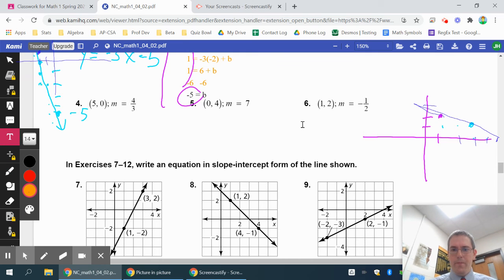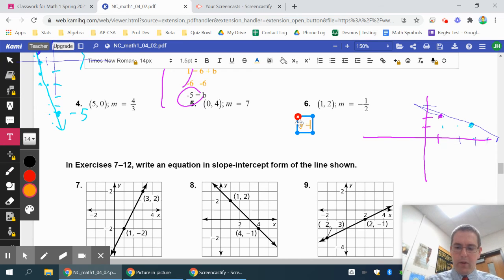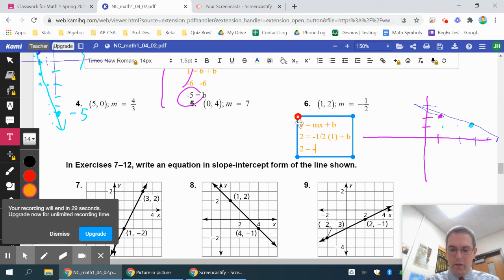So here we go. I'm going to try y equals mx plus b. My y coordinate is 2. My m is -1/2. And my x coordinate is 1, plus b. That's going to be 2 equals, multiplying by 1 is still -1/2, plus b. And now I'll add 1/2 to both sides.